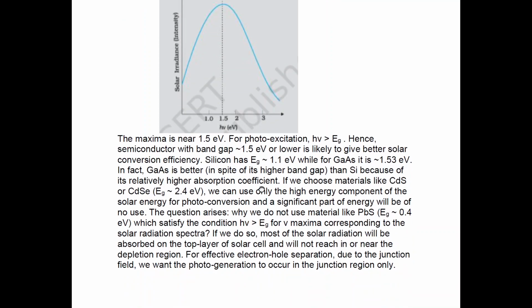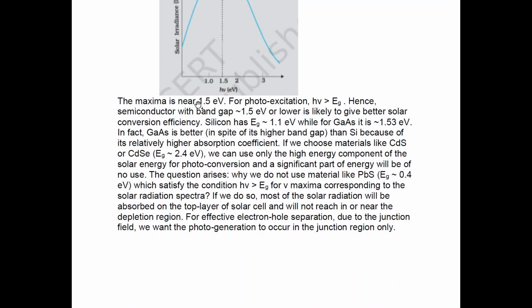Now, what does it convey? The maxima is near 1.5 electron volt, and for photoexcitation, we know that h nu should be greater than Eg, this band gap. Hence, a semiconductor with band gap nearly equal to 1.5 electron volt or lower is likely to give a better solar conversion efficiency. I repeat, a semiconductor with band gap nearly equal to 1.5 electron volt or lower is likely to give better solar conversion efficiency.